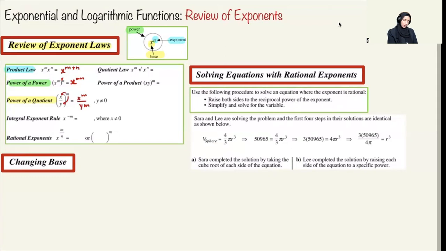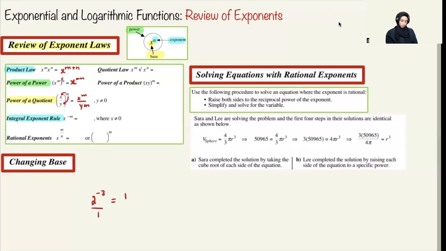Okay? All right. What if I'm looking at the integral exponent rule? So what does that mean? Over here, if I have x to the power of something negative, for instance 2 to the power of negative 3, how do I apply this? Well, basically anything to the power of a negative exponent, I just flip.